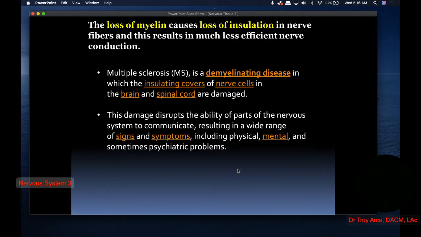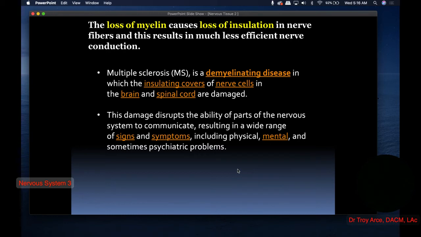So the loss of myelin causes loss of insulation in nerve fibers, and this results in much less efficient nerve conduction. With multiple sclerosis, you know now, based off your knowledge, that it's a demyelinating disease in which the insulating covers of the nerve cells in the brain and spinal cord are damaged.